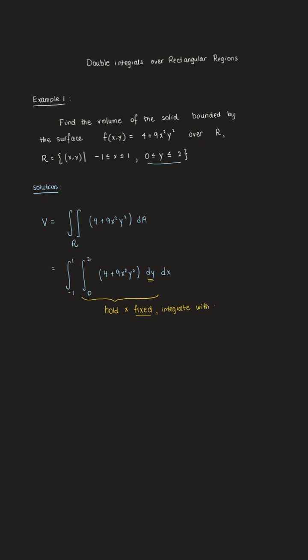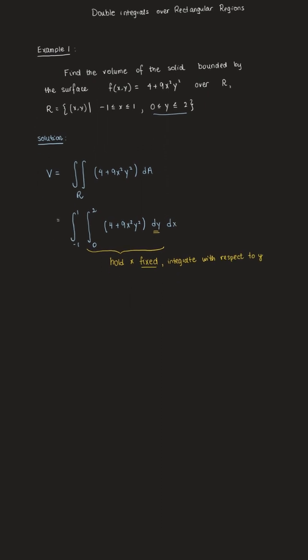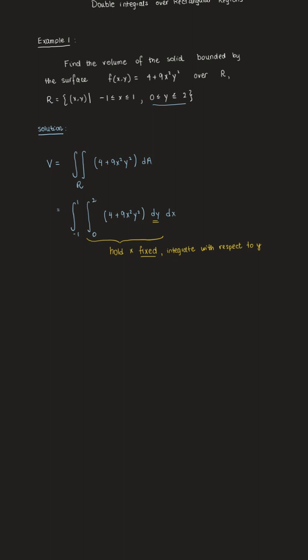So I'm going to go a little bit slowly so you can see how I'm using all of the notation. I'm going to leave the outer integral as is from -1 to 1. And on the inside, I'm going to go ahead and integrate. So remember, we're integrating with respect to y. So the antiderivative of 4 with respect to y will be 4y.